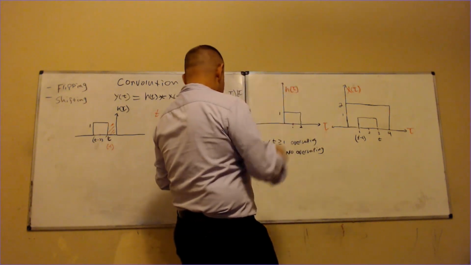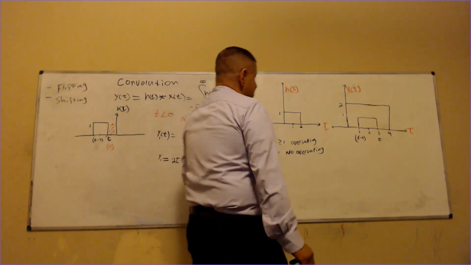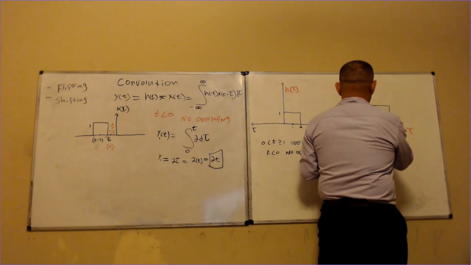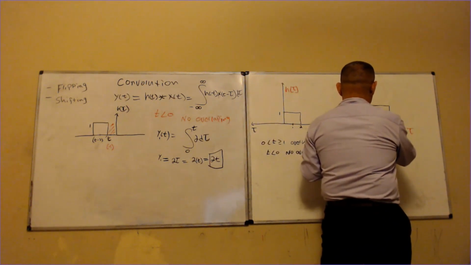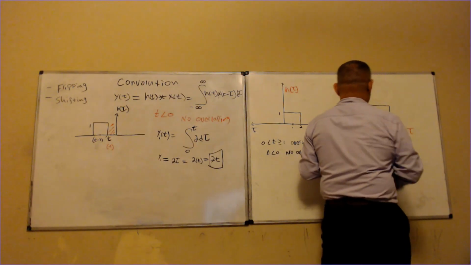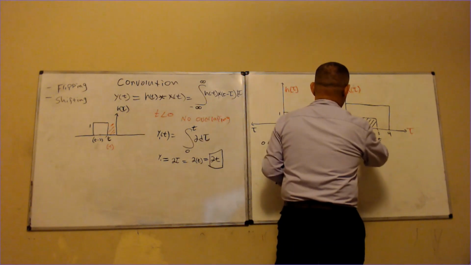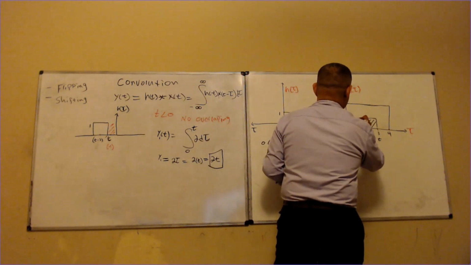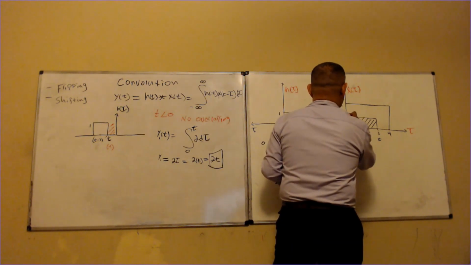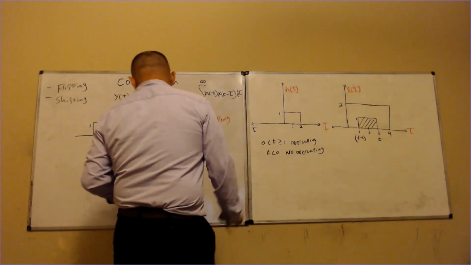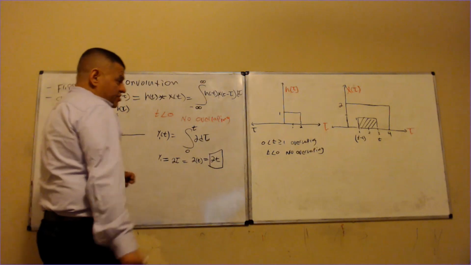This is the overlapping region. This is 1, and this is 2, so the height is 1, right? So now I do another integral.